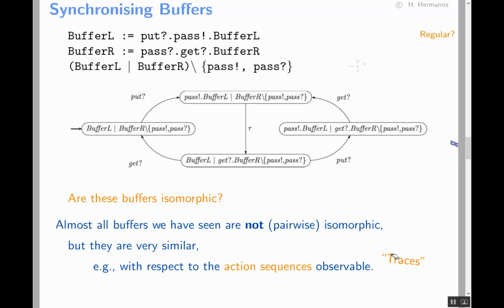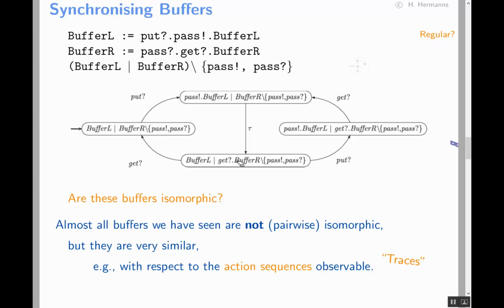So now, of course, you can generate different traces, like you can have put tau get, put tau get, put tau get, and so on. But you can also have put tau, put get tau, and so on. So you can have a lot of elements in this set of traces, right? It's obviously an infinitely large set.